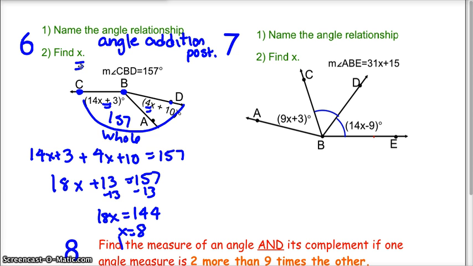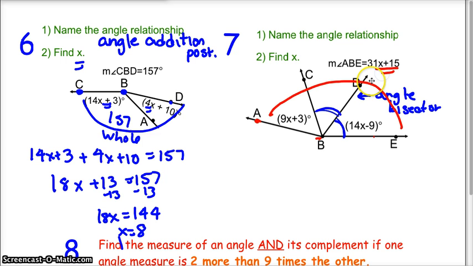Number 7, there's kind of a couple of things going on here that you need to see. Again, I see these curves, which tells me that this must be an angle bisector. So this piece that's curved and this piece that's curved are the same. It's also telling you that ABE, meaning this entire angle, is 31x plus 15.